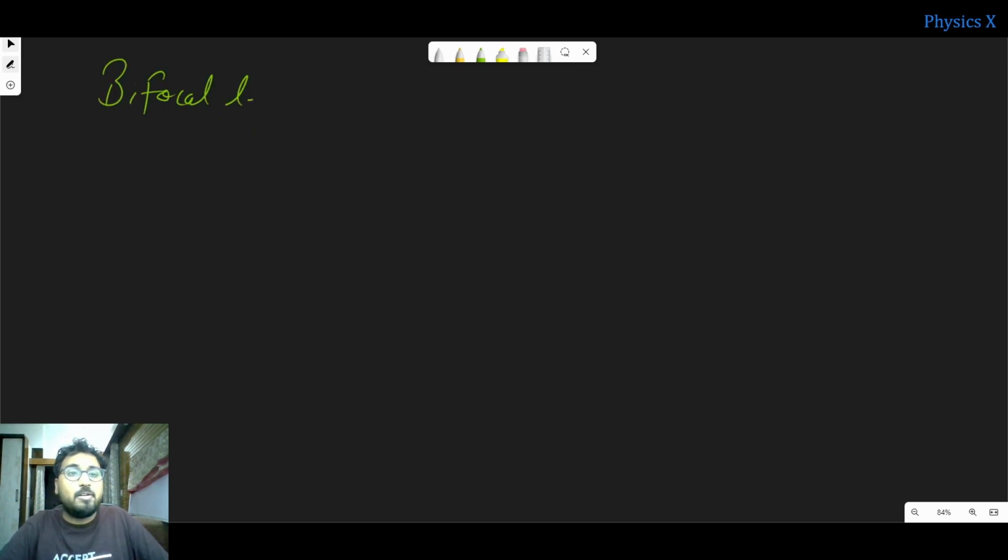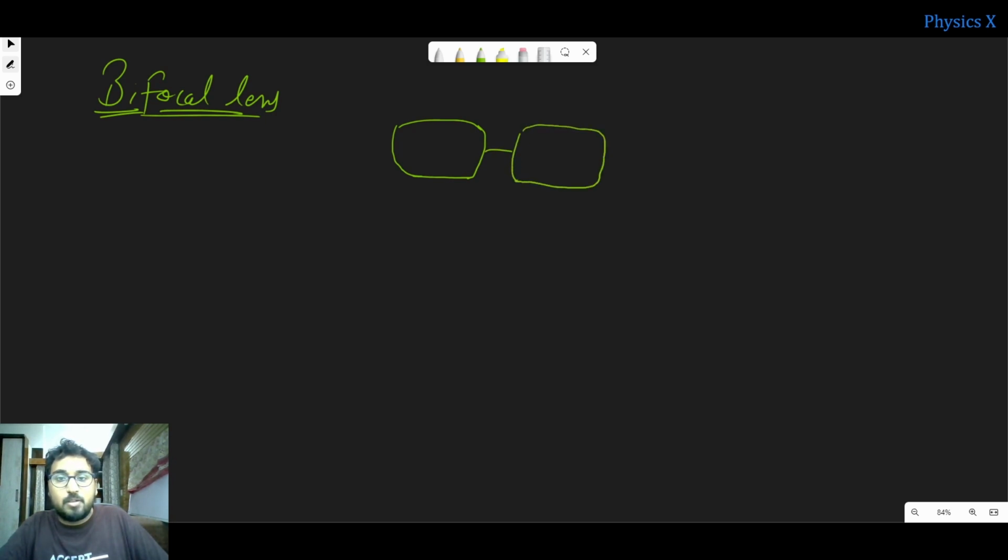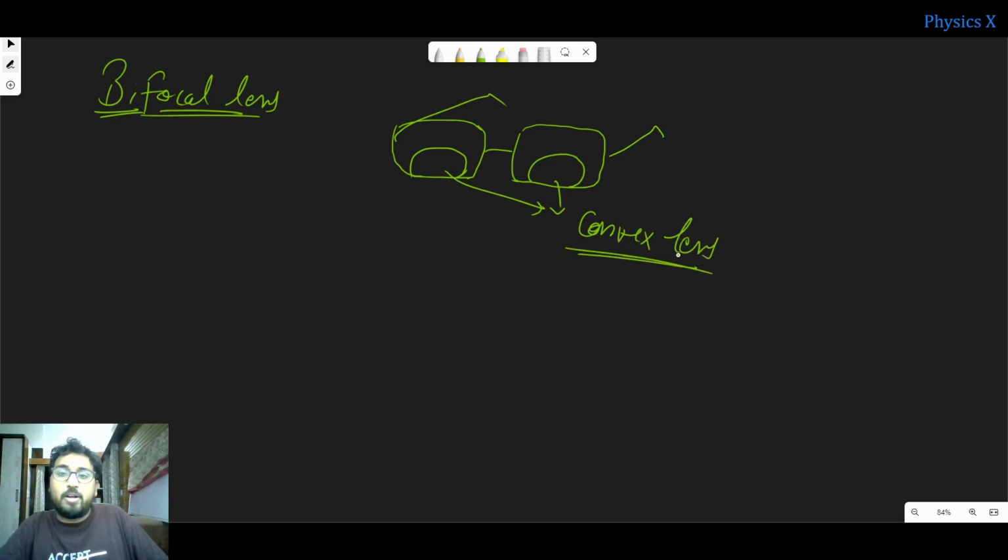Bifocal means two focal lengths. That means in these kinds of specs, suppose this is the spectacle we are making, right? The bottom part of the lens is a convex lens, to read nearby things.